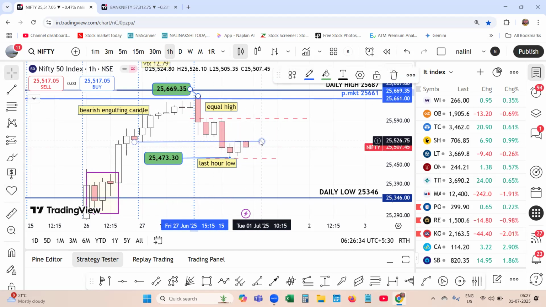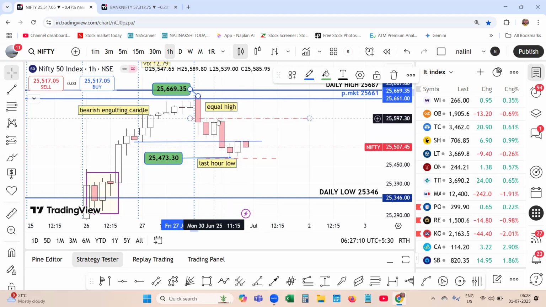today's trade. Suppose in this structure on an hourly, you can see the market retested the 10:15 level. This was the 10:15 high, and then it retested the same level. If I place the cursor, 25,600 and also a little bit short, 25,599.3, that is an equal low.